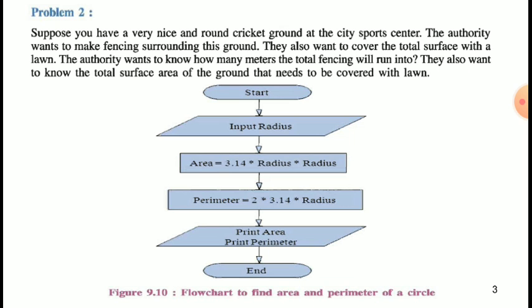So area equals 3.14 into radius into radius, and the perimeter equals 2 into 3.14 into radius. And then after that is an output, again using a parallelogram. So print area, print perimeter, and then ending. So that is a flowchart to find area and perimeter of a circle.